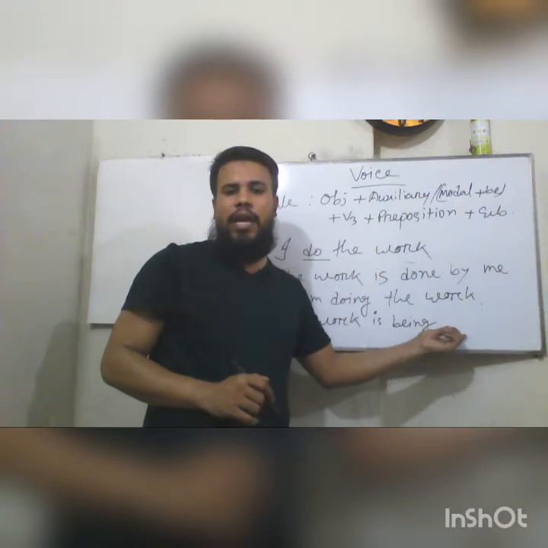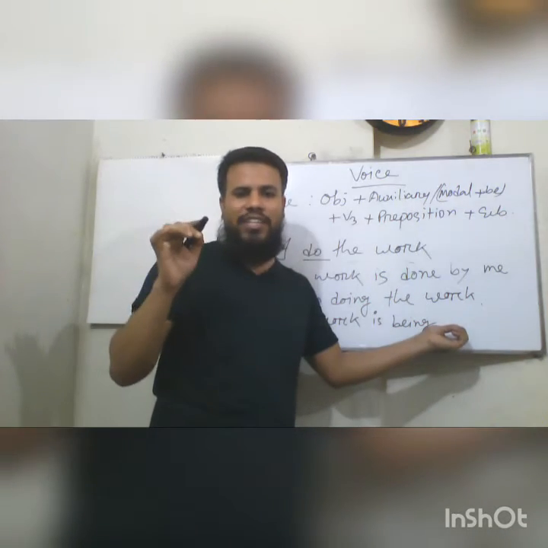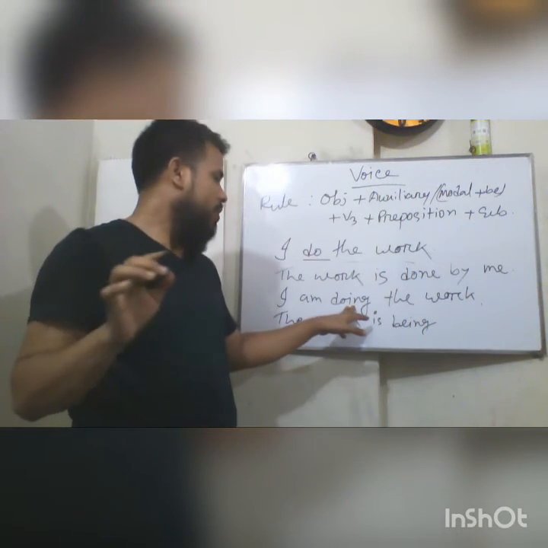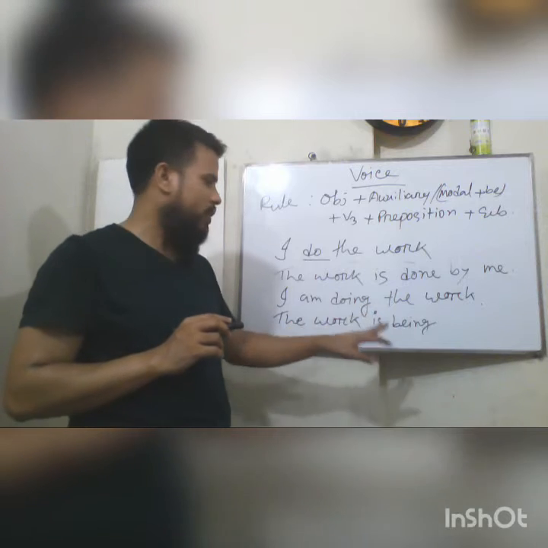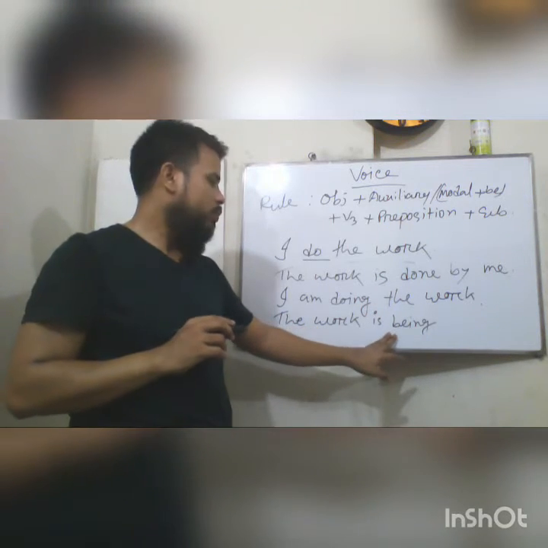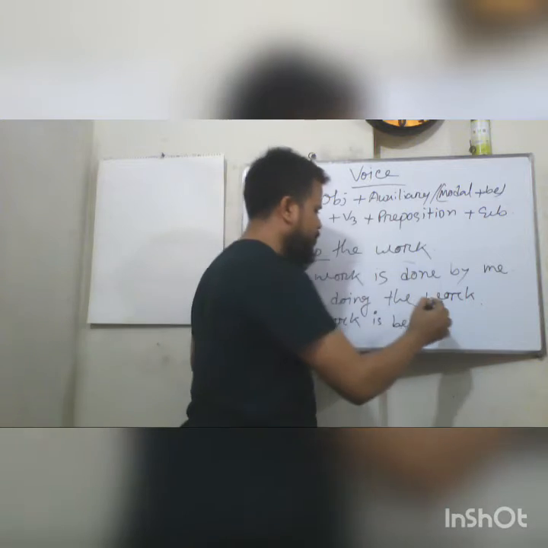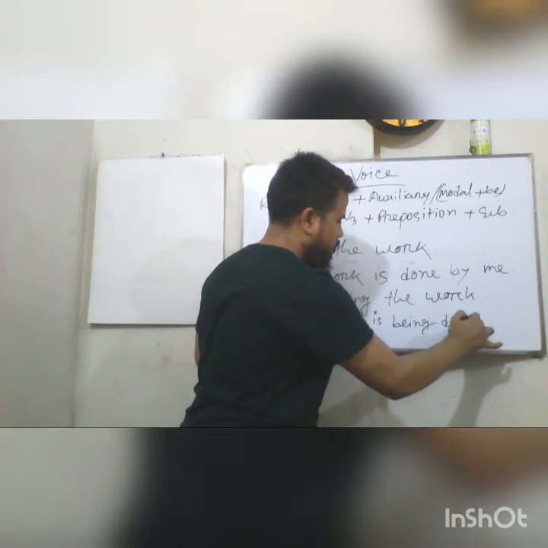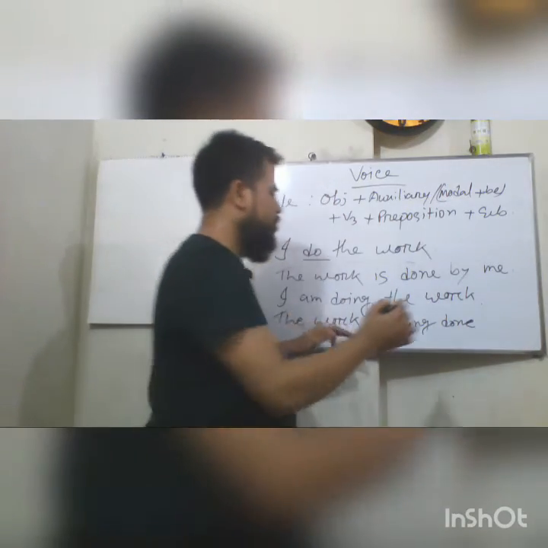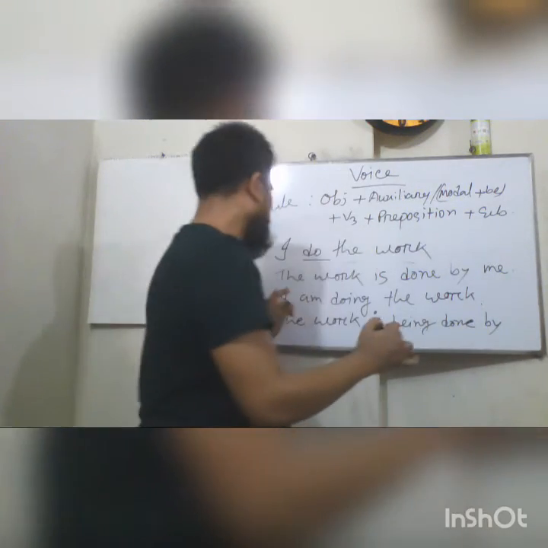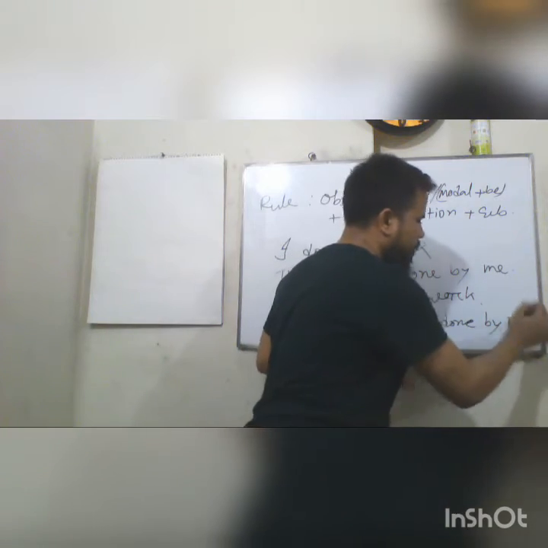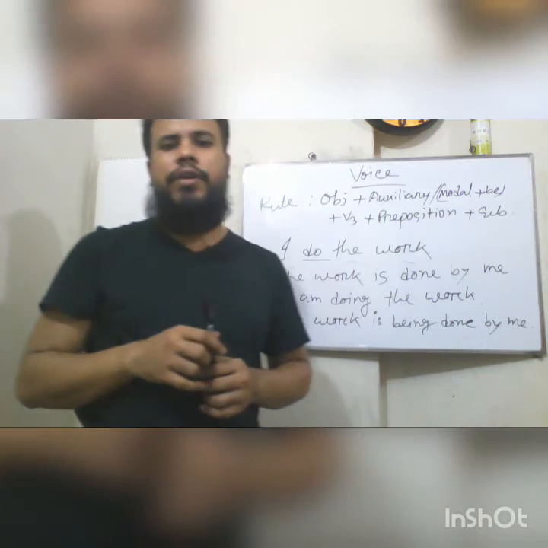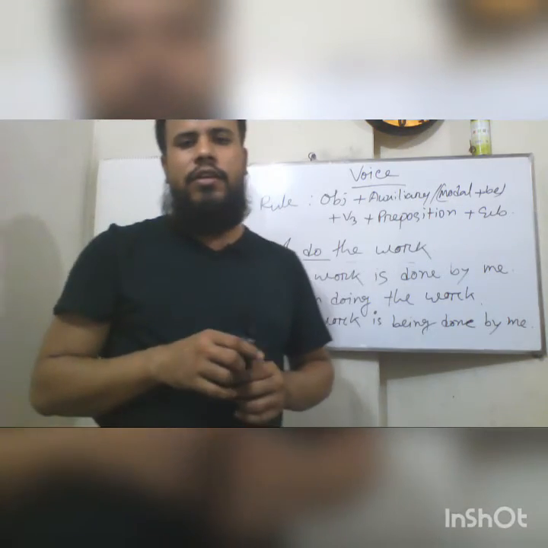For passive, we have to write verb three, but we can't forget ing. Then we have to write ing with be, then verb three, done. And finally, preposition by for I, me. This is present continuous tense. We can say it's very easy for our writing.